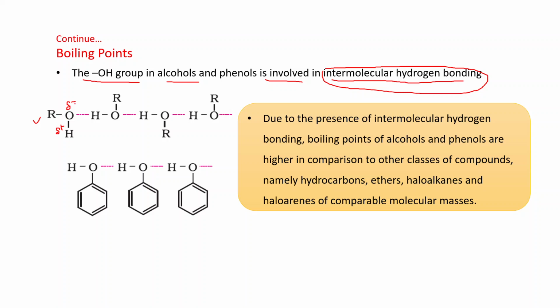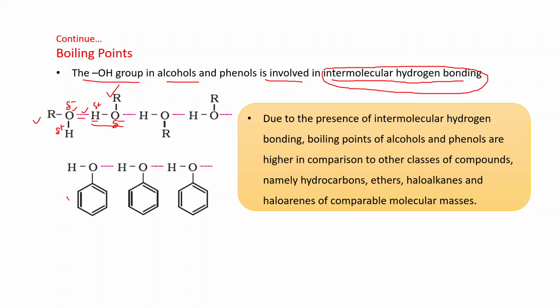This is one molecule of alcohol. In the same way, this is another molecule of alcohol. This oxygen has partial negative charge and this hydrogen has positive charge. Now this hydrogen of this molecule is bonded with the more electronegative part of another molecule via a hydrogen bond. This is a hydrogen bond.